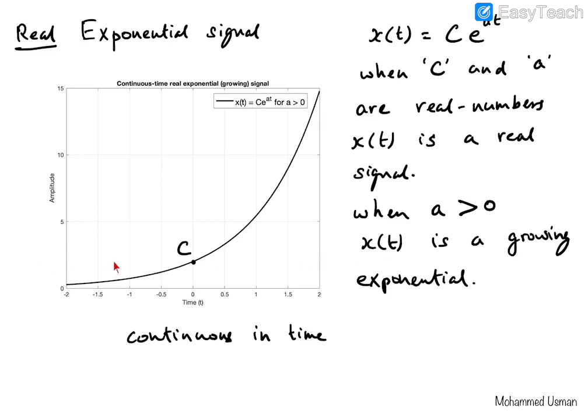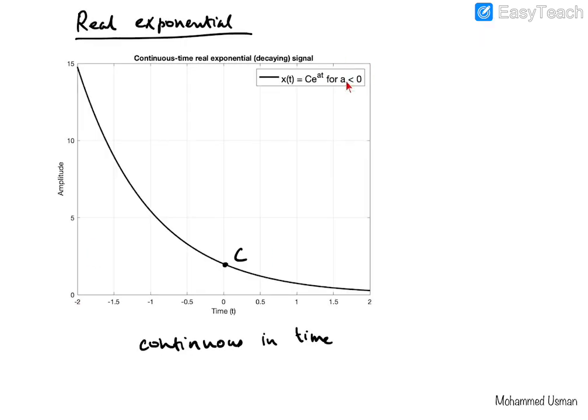Whatever is c, it will be a straight line with a height of c above the x-axis, right? Similarly, in the decaying case also, when a is equal to 0, it becomes a constant. So when the exponent a is equal to 0, we get a signal which is simply constant.